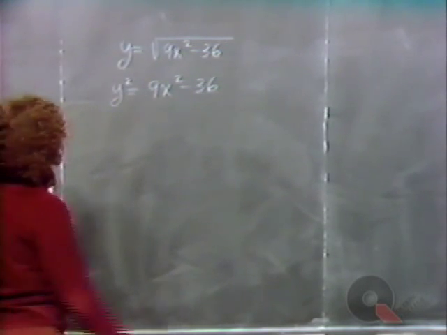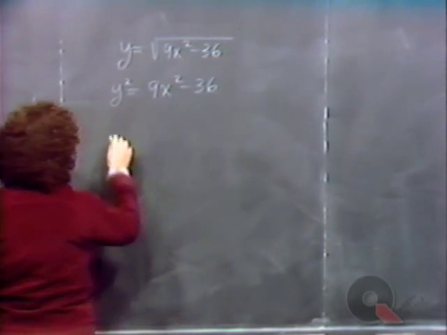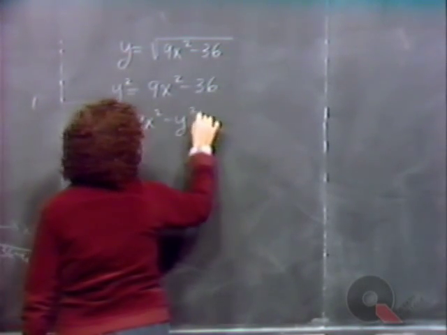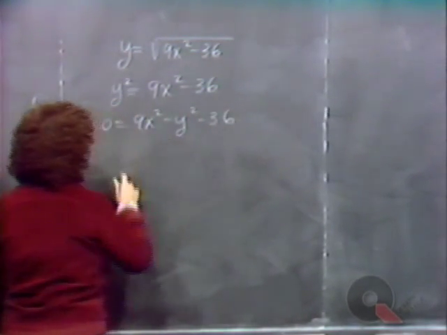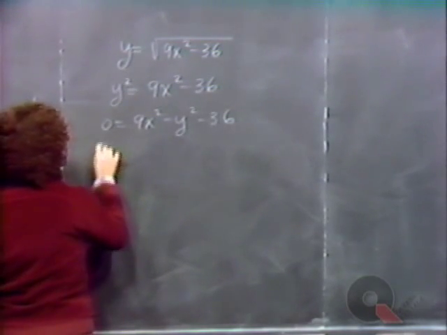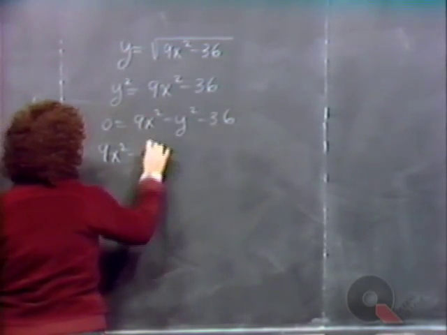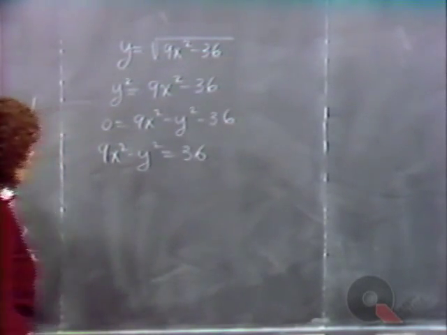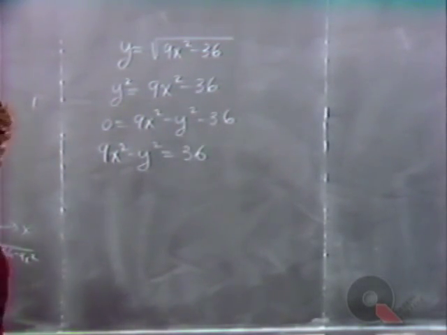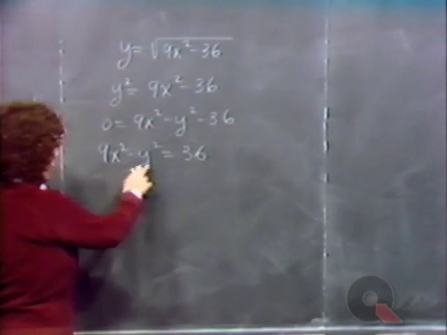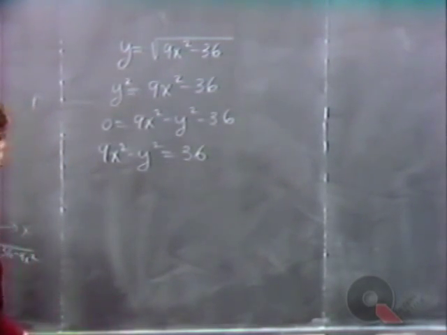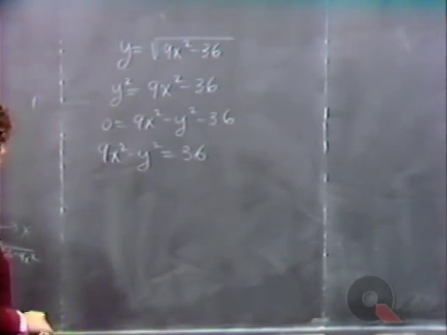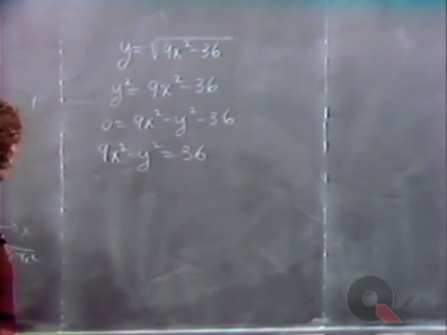We can subtract y squared from both sides of the equation and add 36 to both sides, giving us 9x squared minus y squared equals 36. We have an x squared and a y squared, and the coefficients have opposite signs. This points us out as a hyperbola.